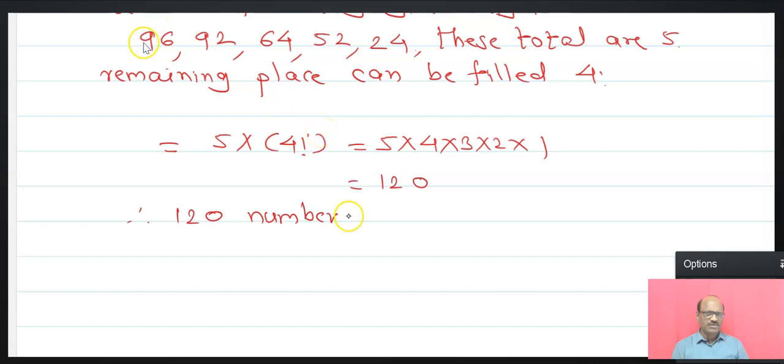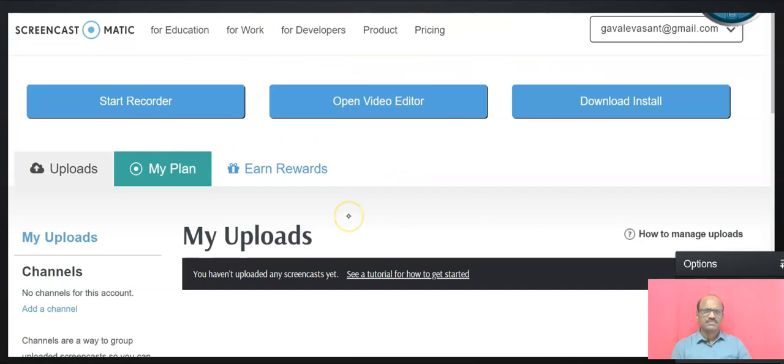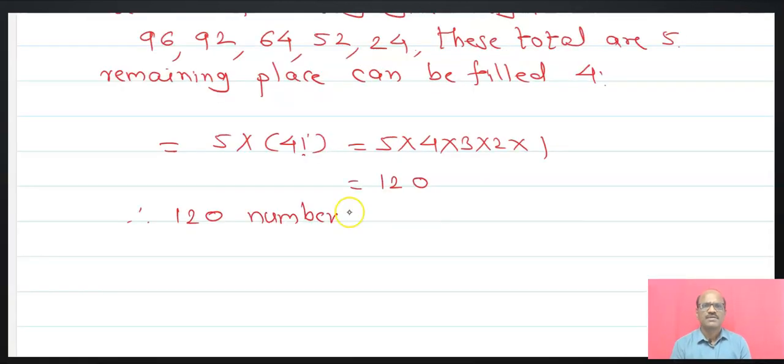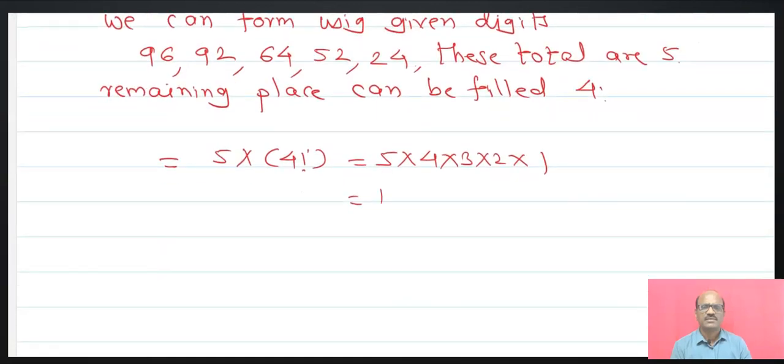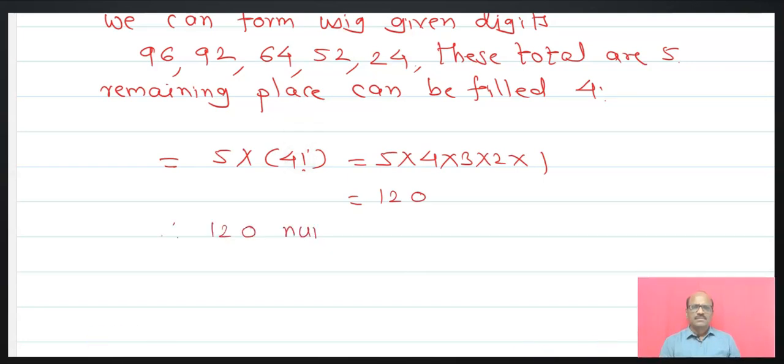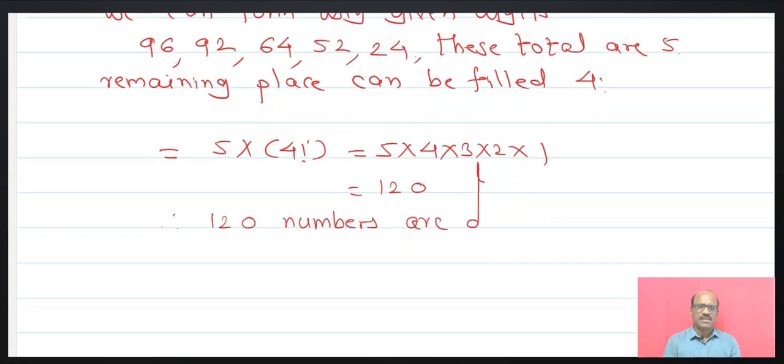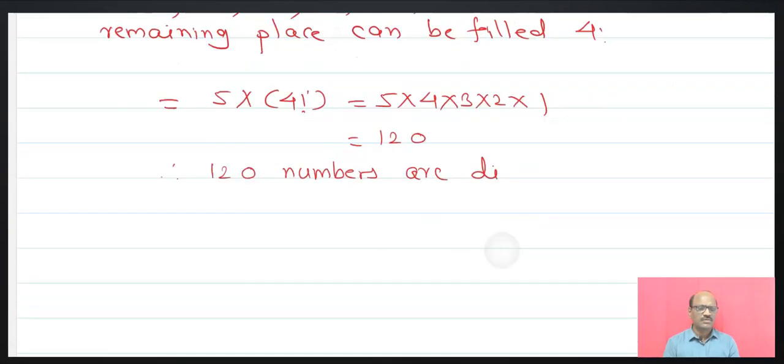Here you will say that why have you not taken the 9, because the 9 is included somewhere there. That's why we are not dividing. That is, the digit is repeated. Therefore, their total multiplication is 120. Therefore, 120 numbers are divisible by 4.